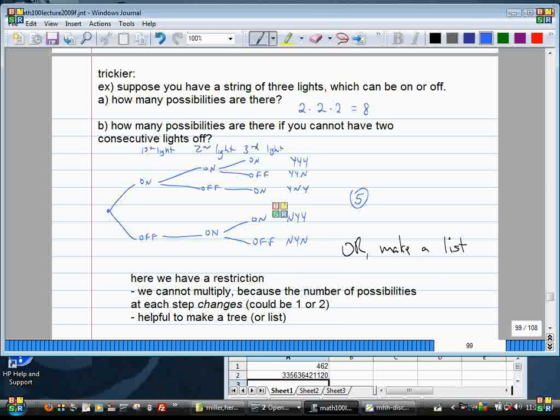Okay. So how do you know when you have one of these difficult sorts of problems? We'd much rather just be able to do something with arithmetic, like 2 times 3 or 5c4 or whatever. But how do you know when you have a problem when you can't do that? In other words, one of these problems.